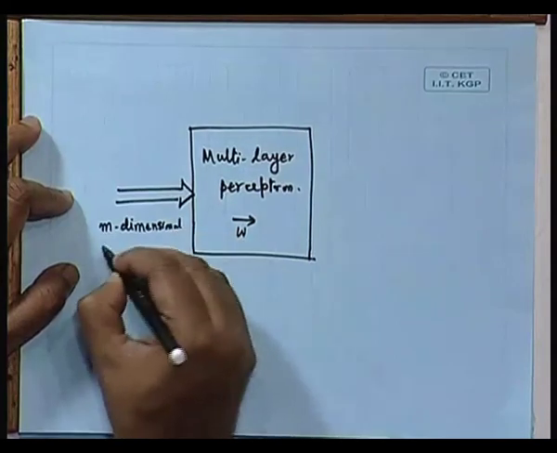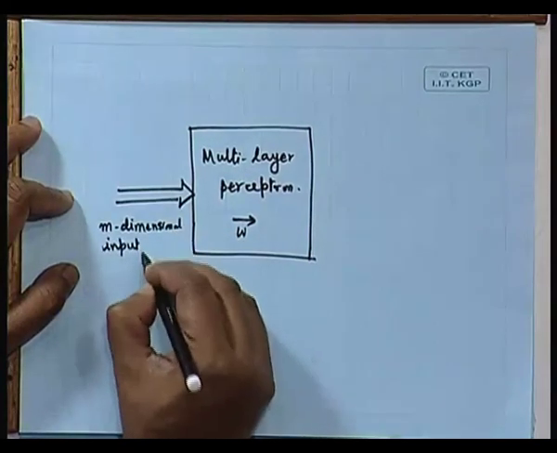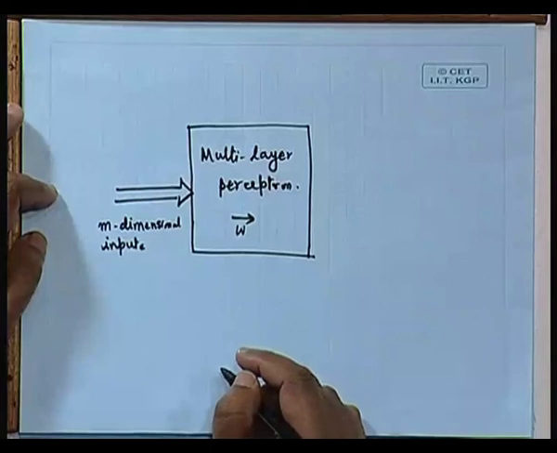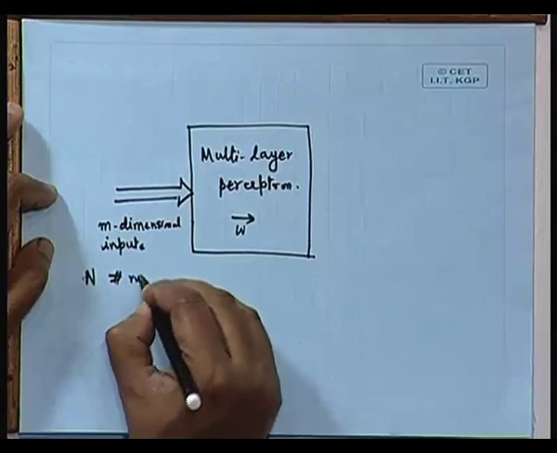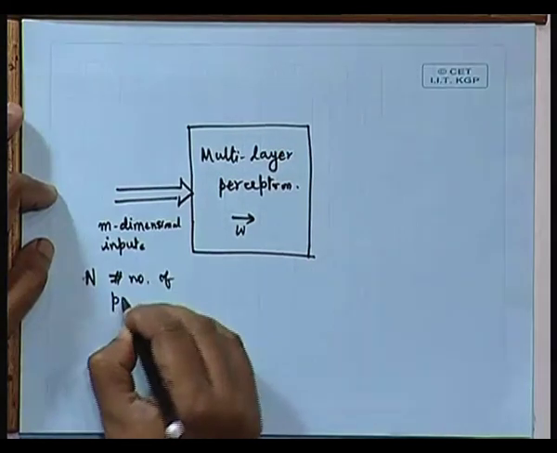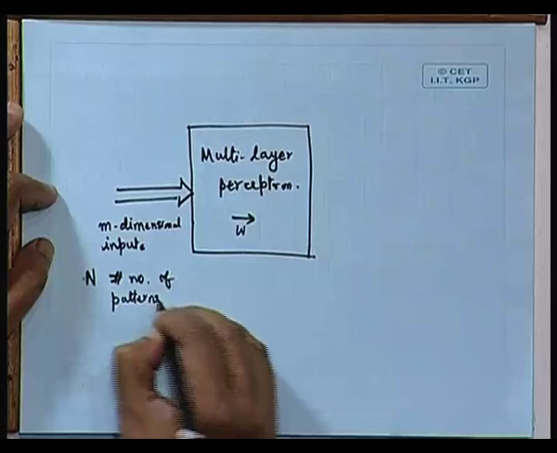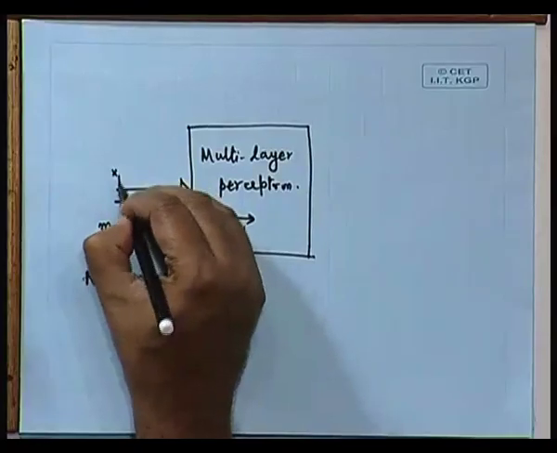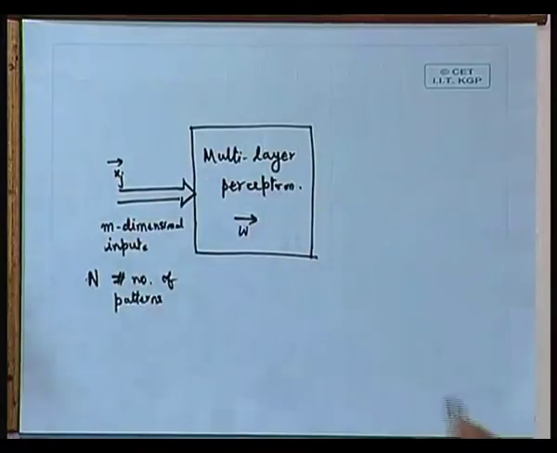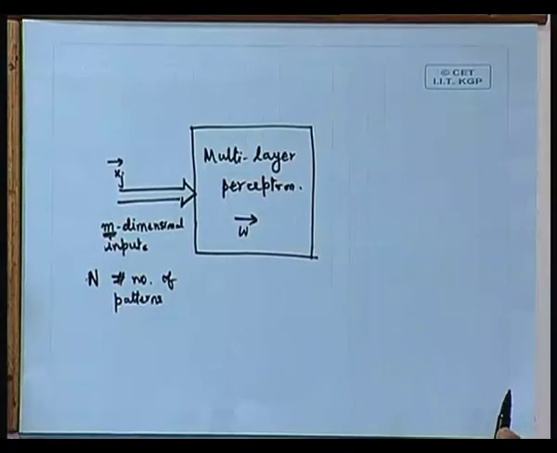There are m dimensional inputs, and we can assume that there are capital N patterns. Let us take any pattern, the jth pattern. We can denote the jth pattern by x of j. In fact, we are going to write it as the x vector suffix j, because all the x's, that is the inputs, are going to be vectors since they are in the m dimensional space.